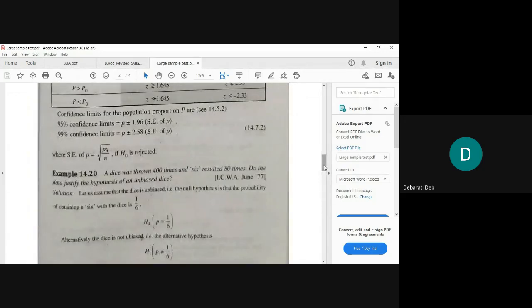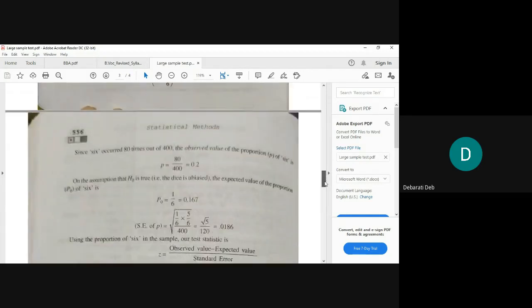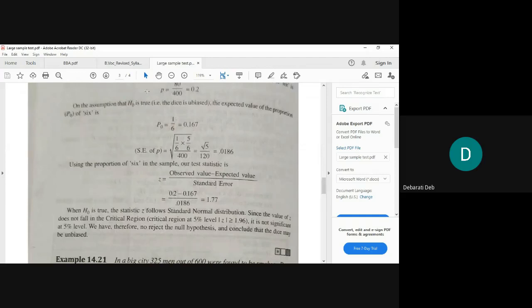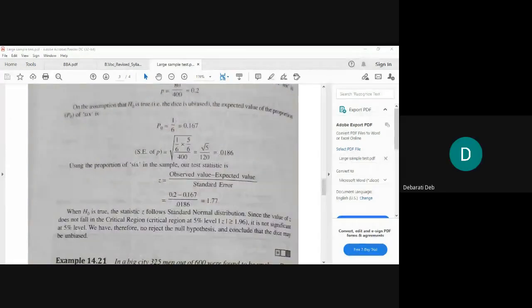Shall I share this PDF file with you in the group so that those who have missed, those who could not write, can also write? Yes, ma'am. Okay, so I'm sharing this PDF file. Those who missed, you should finish this sum today itself, so that we can move ahead with the next sum tomorrow.